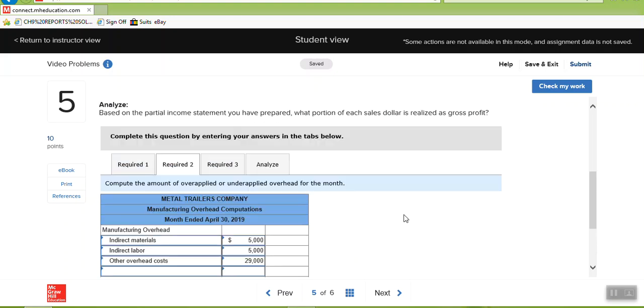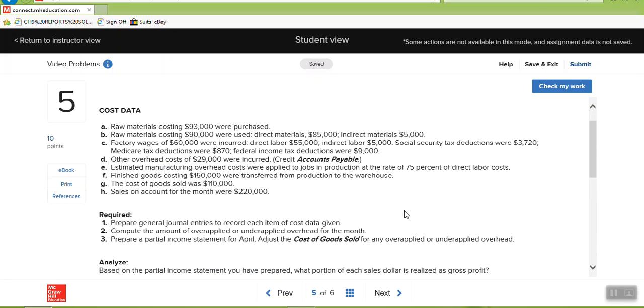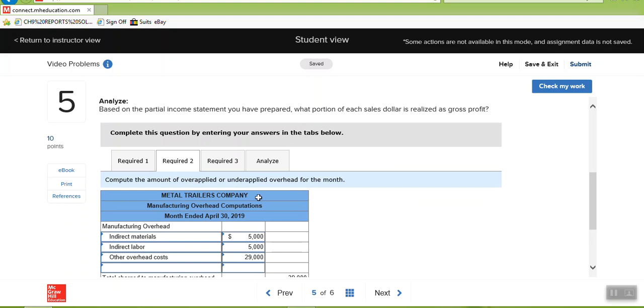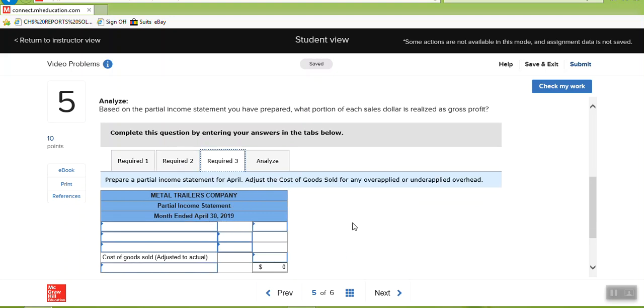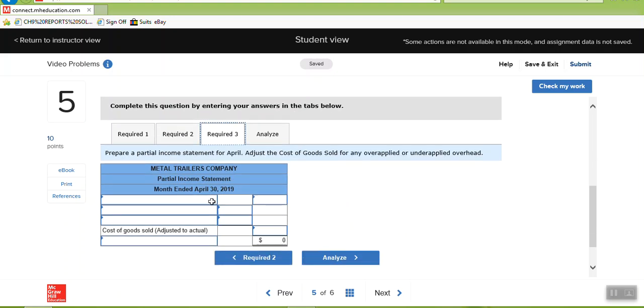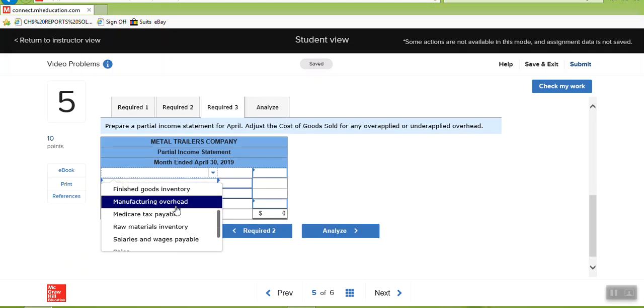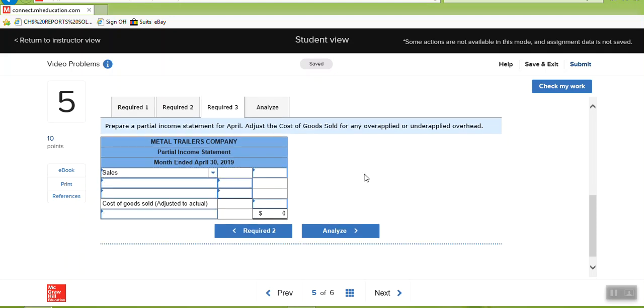So that's requirement 2. Requirement 3 says, prepare a partial income statement. Oh, and then it says, adjust the cost of goods sold for over-applied or under-applied overhead. So let's go to requirement 3. And we've got a little bit of a blank income statement. So, you know, we always start out with sales. And I think that was the last entry we recorded.